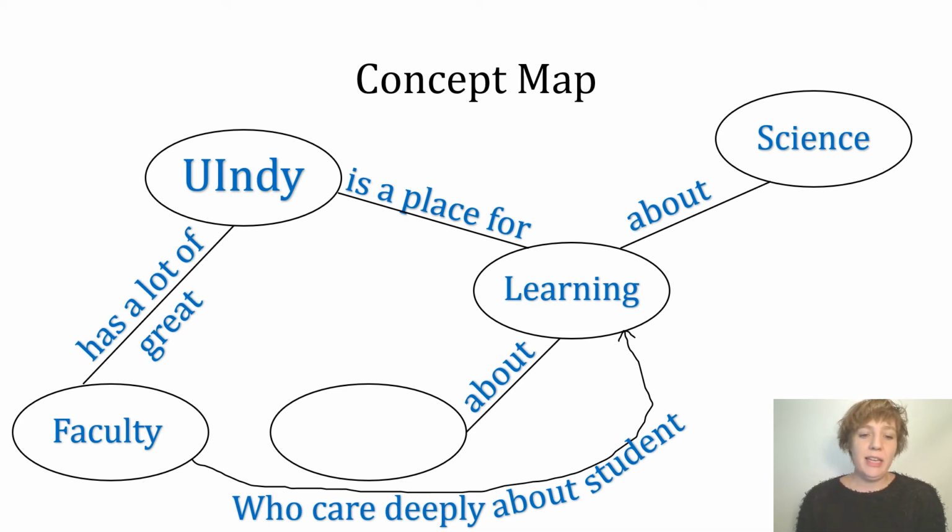Now I've related faculty to learning via a line between them, and I've written out the relationship between those two ideas or two concepts on the line that goes between them. And I did go ahead and add an arrow here just to make it clear which way to read the sentence, okay? So UIndy has a lot of great faculty who care deeply about student learning.